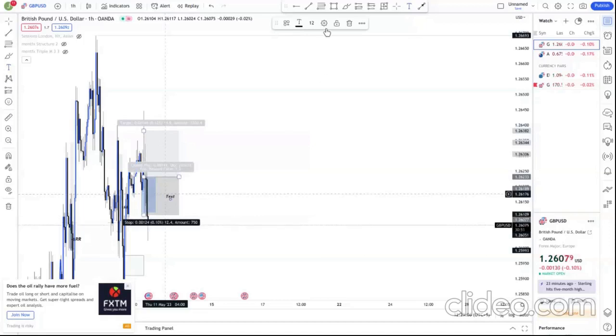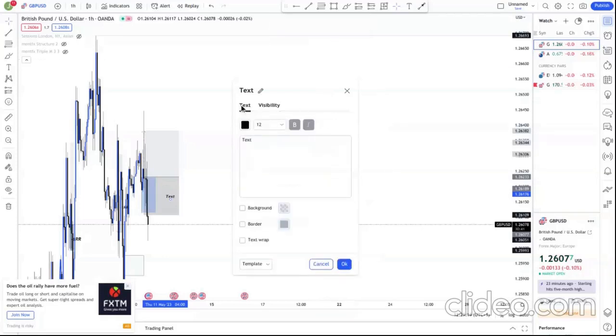Okay, so let's write it here. My negative 1 R, negative 0.5%.